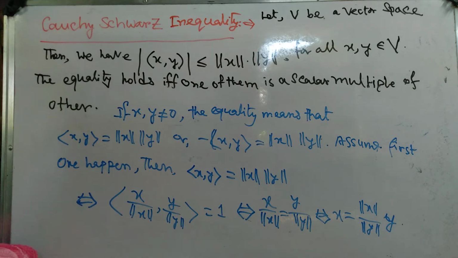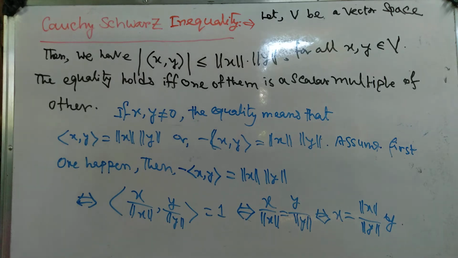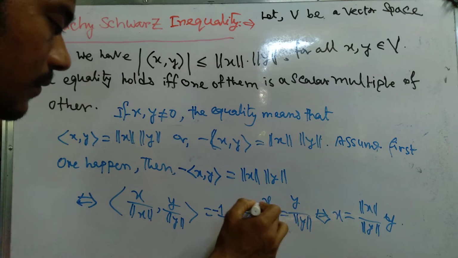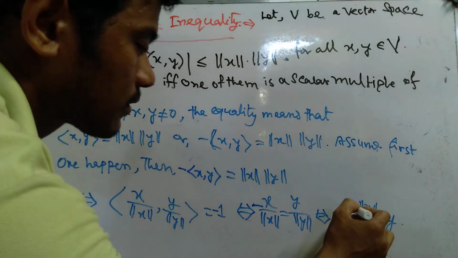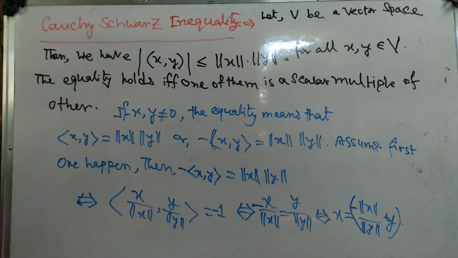So this case has happened, and we consider the other case in the same way. So the Cauchy Schwarz inequality is completely done today, and we apply the Cauchy Schwarz inequality in other portions.